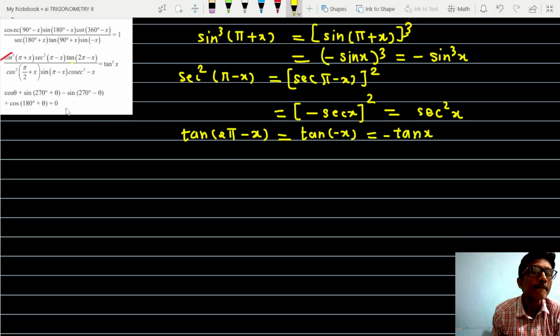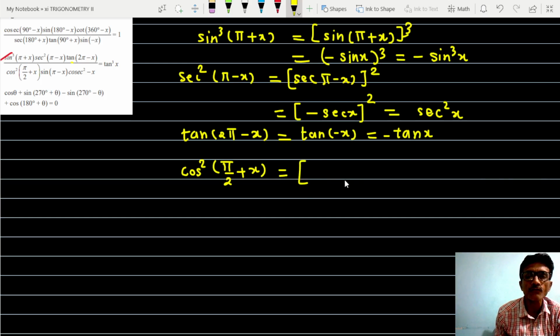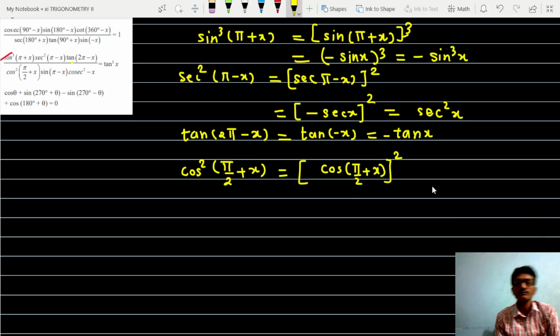Yes. Then next is cos square of pi by 2 plus x. See, with pi by 2 trigonometric function changes. It is square of what? Cos of pi by 2 plus x whole square.